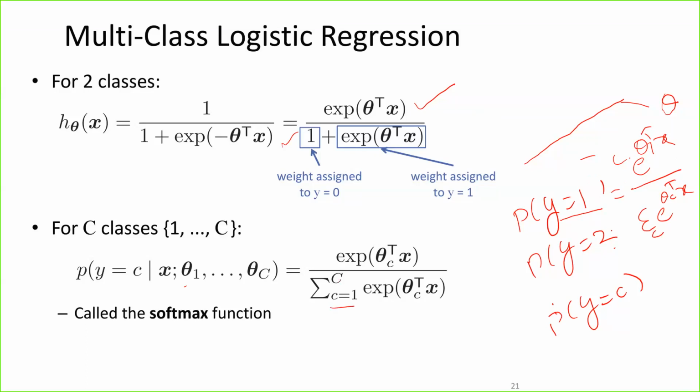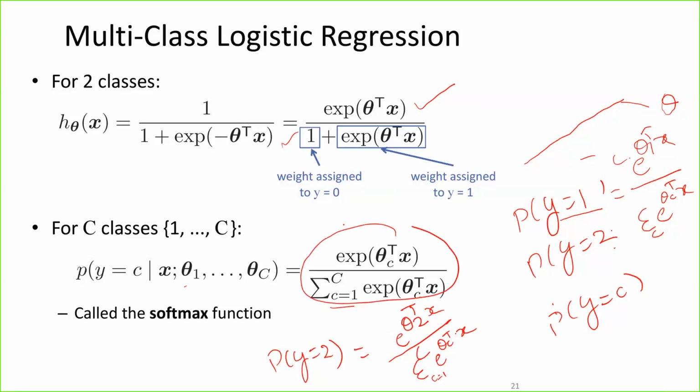Similarly, how can I compute the probability of y equivalent to 2? E to the power theta 2 transpose x divided by the sum over c of e to the power theta c transpose x. Simple.